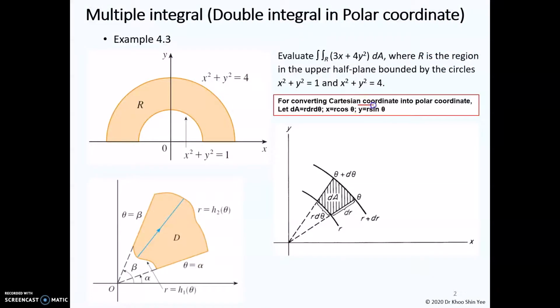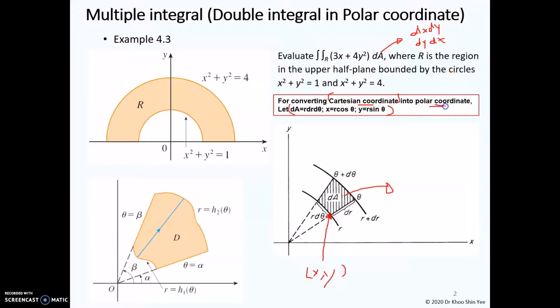We can convert the Cartesian coordinate into the polar coordinate by using these 3 equations. So for the Cartesian coordinate, previously the dA is equal to dx dy, or dA is equal to dy dx. For the Cartesian coordinate, we use xy to define the location.